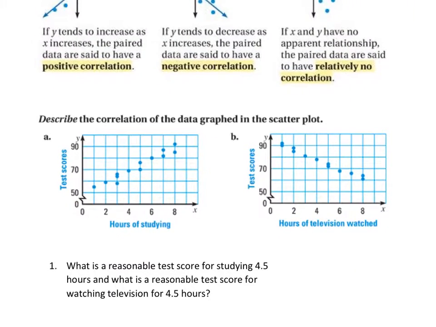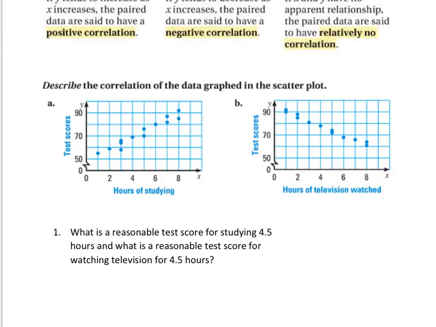It says, describe the correlation of the data graphed in the scatter plot. So as we move to the right, are the values going up or are they going down? Well, as we move to the right, they're increasing. So this would be a positive correlation.